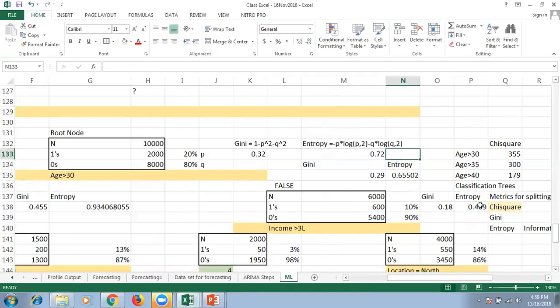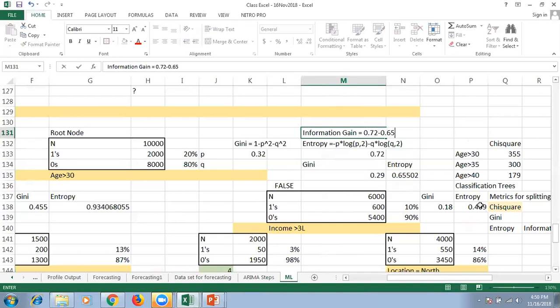So the difference between the root node level and after splitting, that is what we call information gain. So what is the information gain at a level? You got it? 0.72 minus 0.65. Whatever value you got, that is what the information gain means.